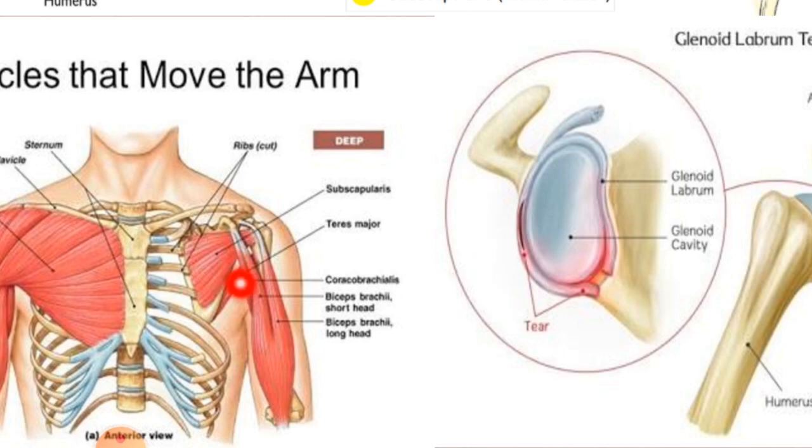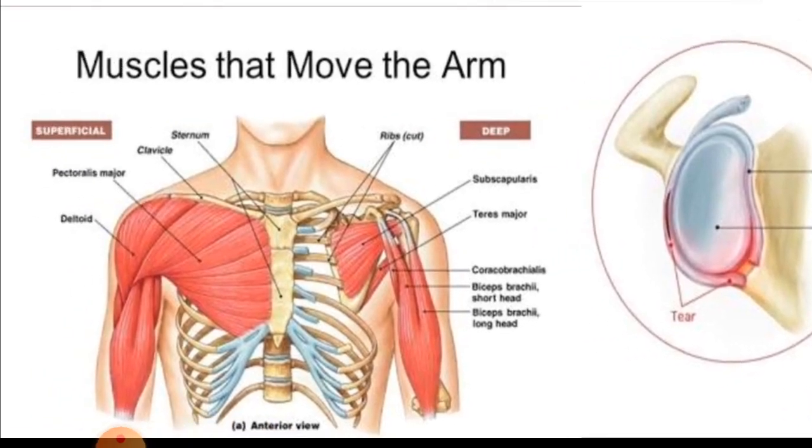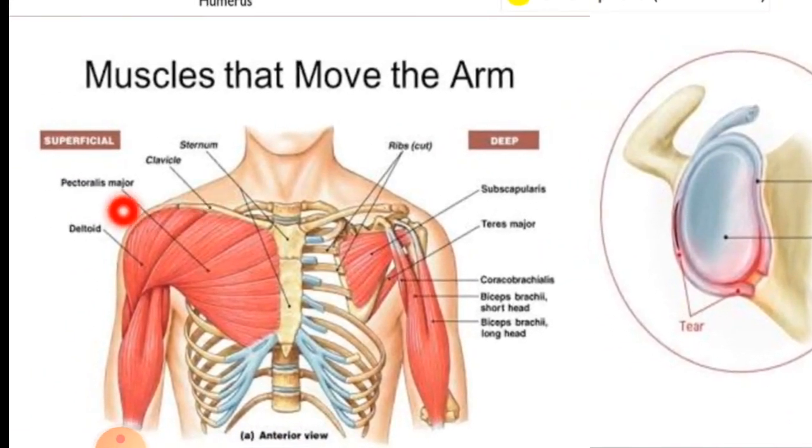That's why we are calling it the coracobrachialis muscle. And the other muscle that is involved for the flexion is the pectoralis major muscle. So this is a superficial muscle.